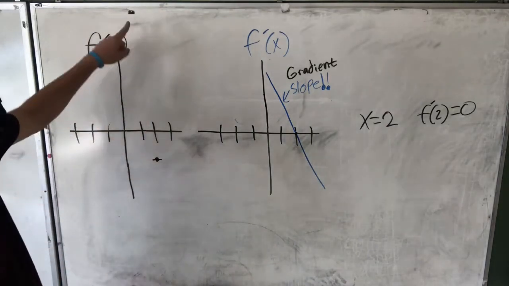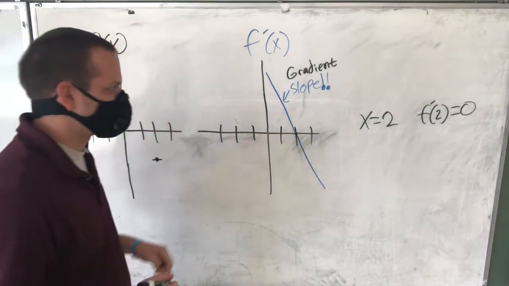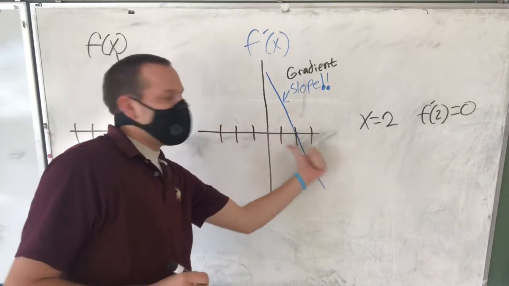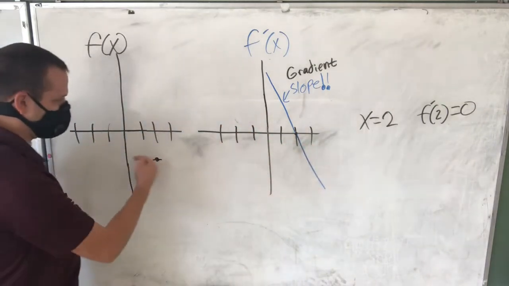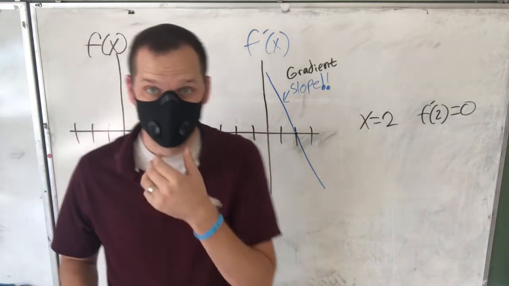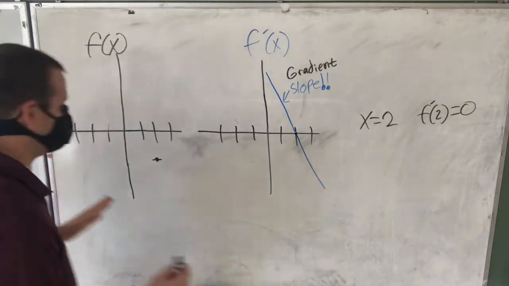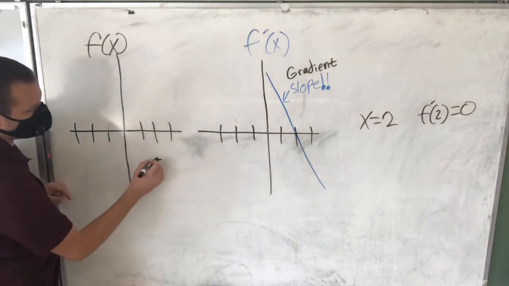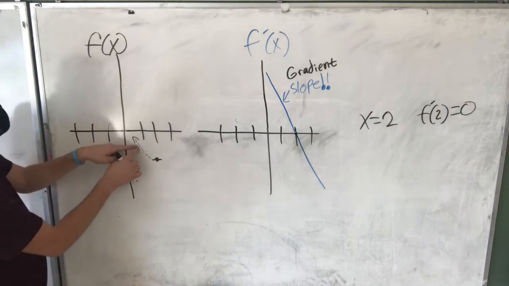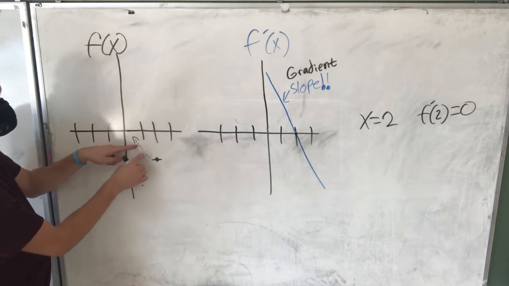So basically, it looks kind of like that, right at x is 2. I don't know where this is exactly going up and down. But now I need to look over here. If I am left of 2, so as I go further left, the gradient is positive. Now here's where it would mess a lot of people up. They're going to think positive, oh, I should start going up. Well, if we think of this slope, is that a positive slope or is that a negative slope?